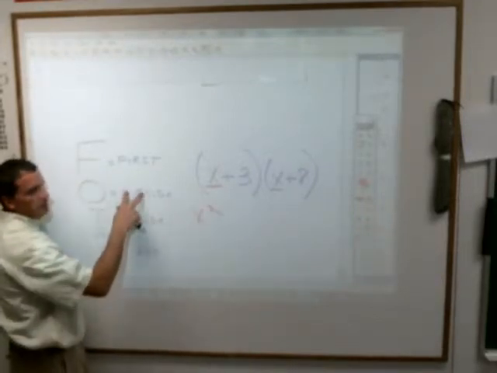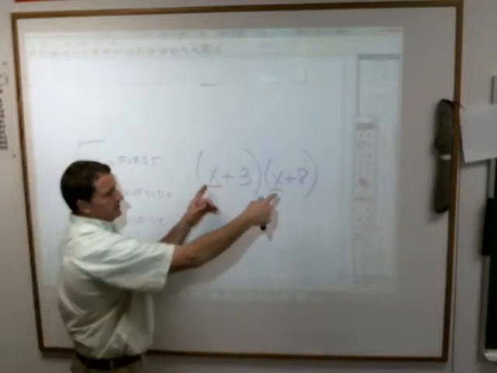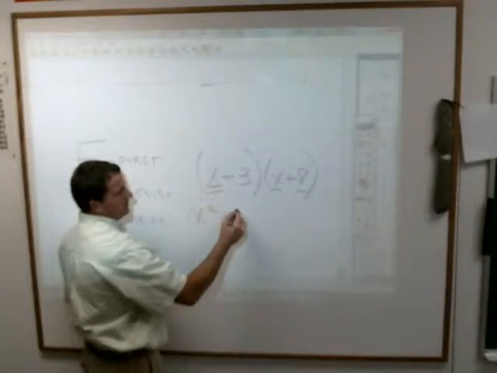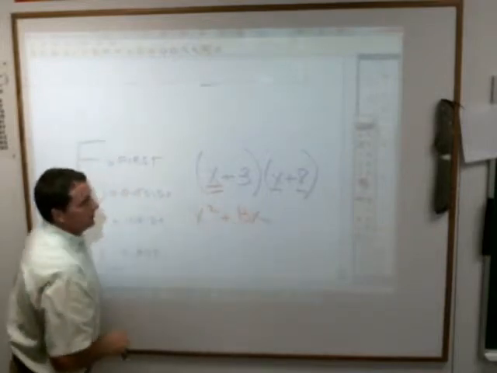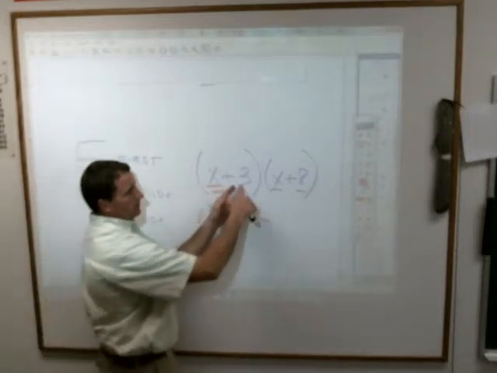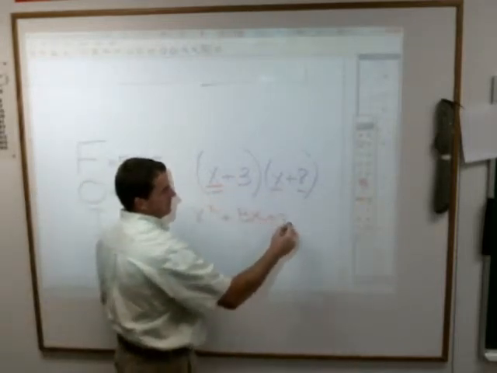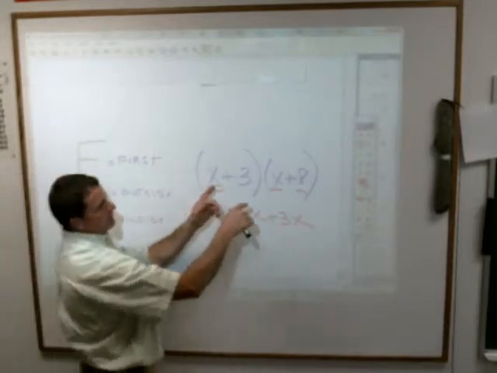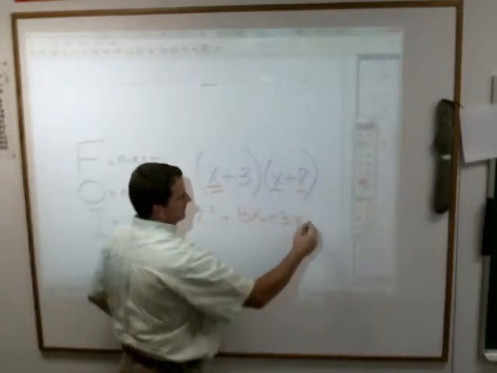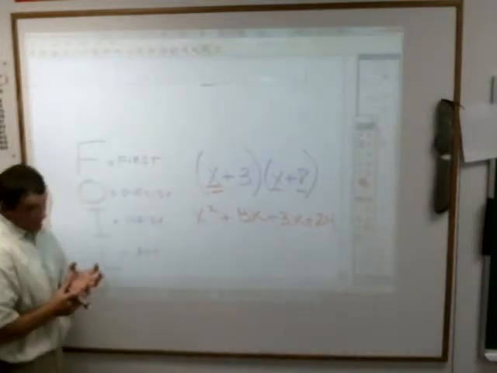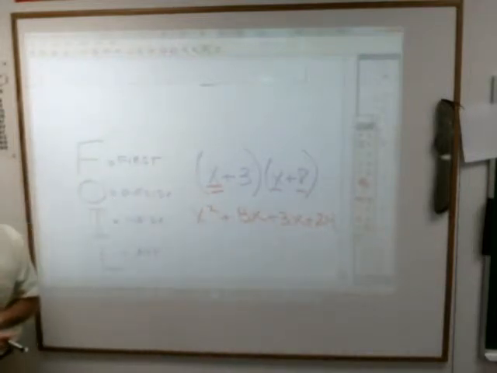You need to multiply the two outside terms together, which is x and 8, which is 8x. You need to multiply the two inside terms together, which is 3x times x. And you multiply the two last terms together, which is 8 times 3, 24. It's the same thing we just did, but they will tell you to think about it in terms of FOIL.